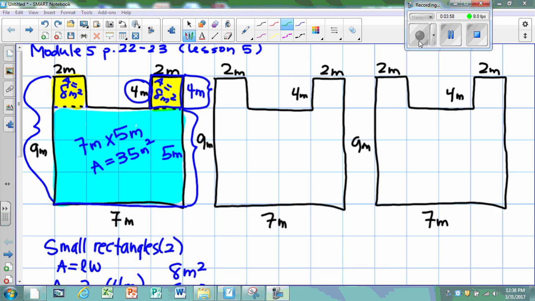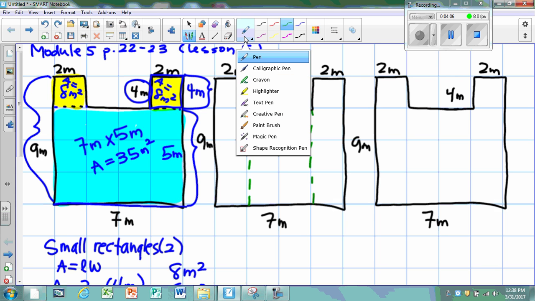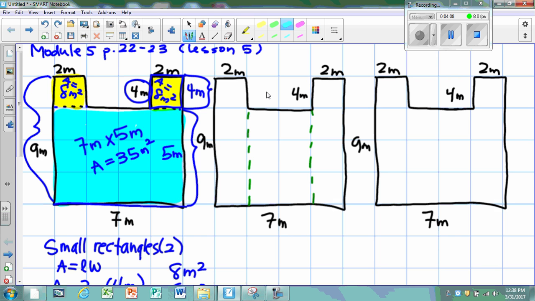Okay, now let's take a look at our second one here. And if we draw lines going down like this, we're going to be able to split our shape into two long rectangles and one thinner, shorter rectangle, and define the values of this.